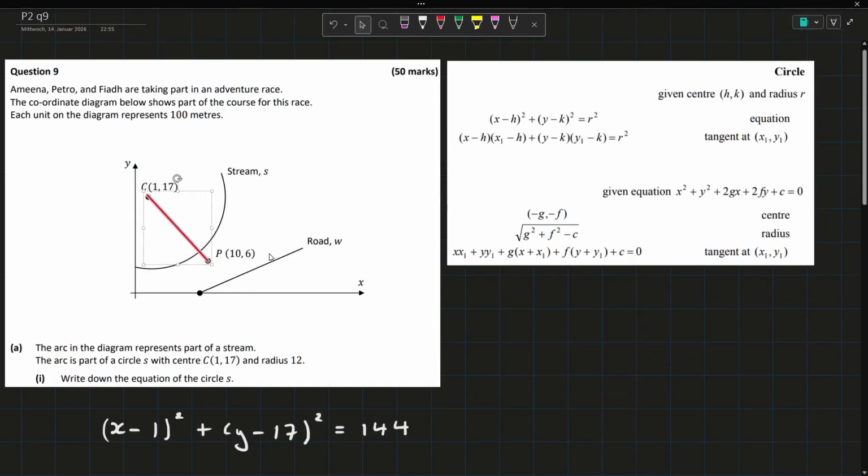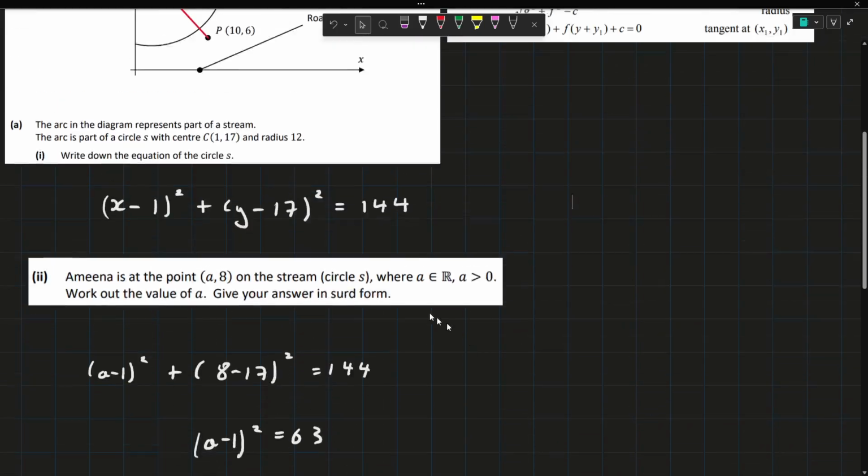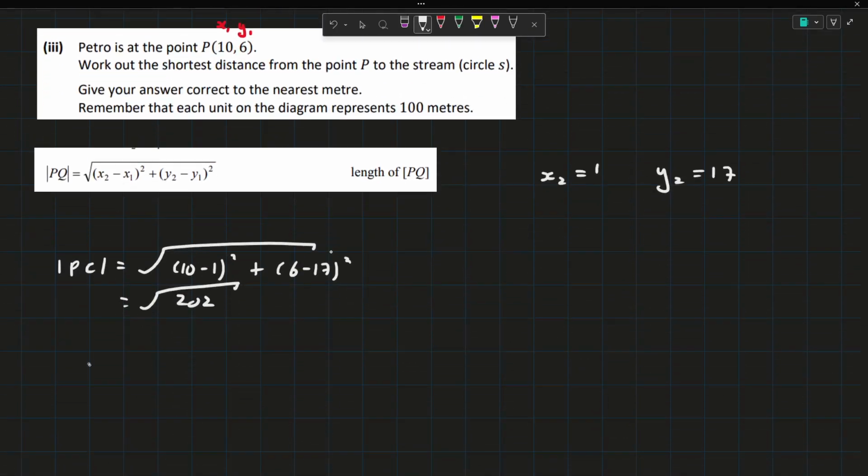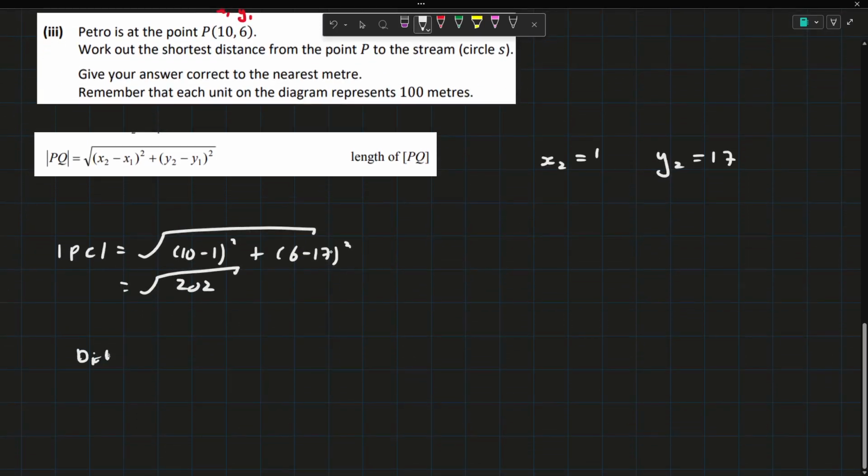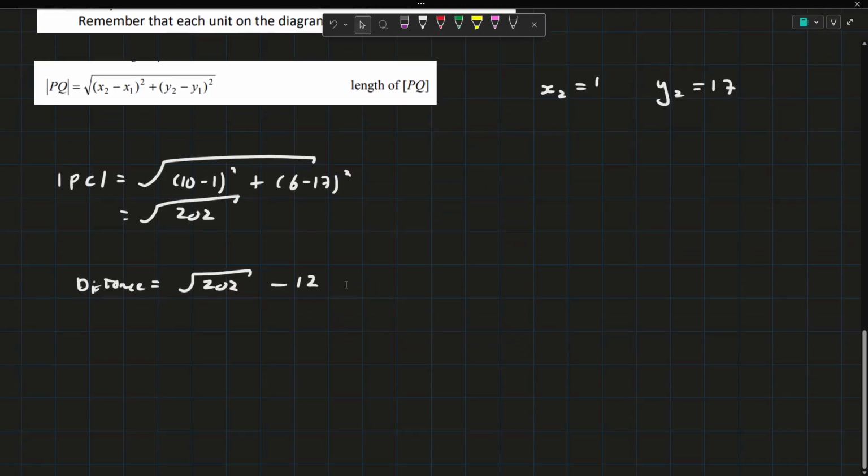So we just need to take away from that the radius. Remember, the radius of the circle is 12. So the distance to the circle will be equal to the square root of 202 minus 12. And then they say to the nearest meter, so let's get a number on this. When we do this, we're going to get roughly 2.2126.